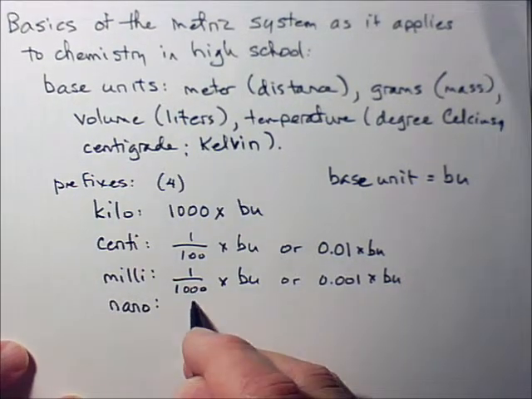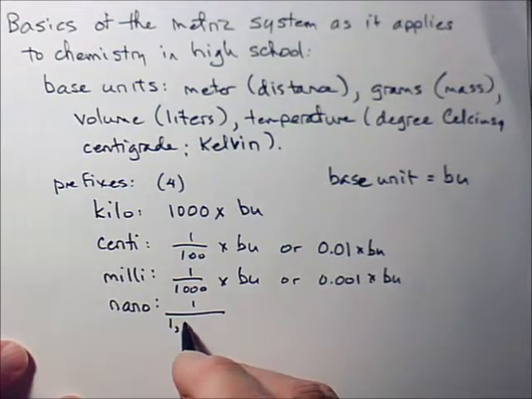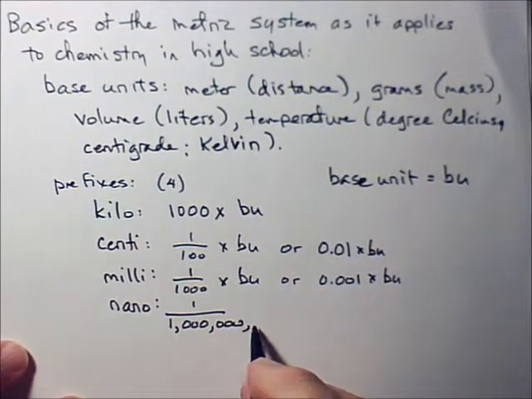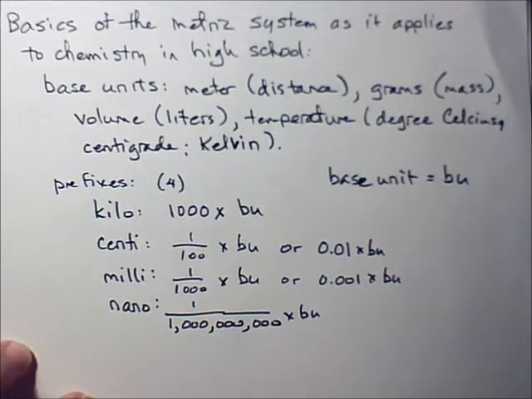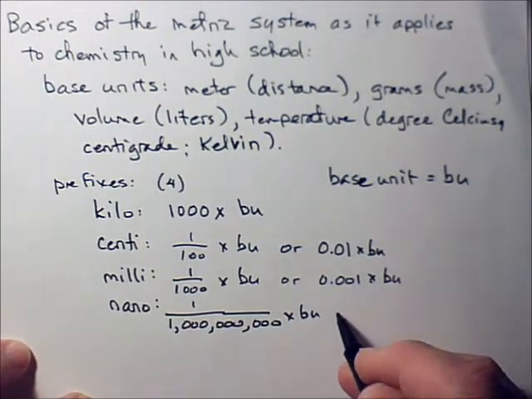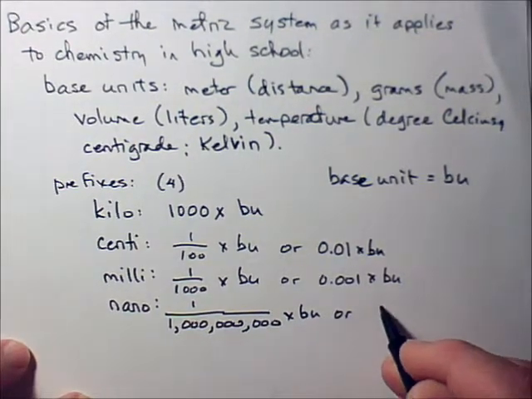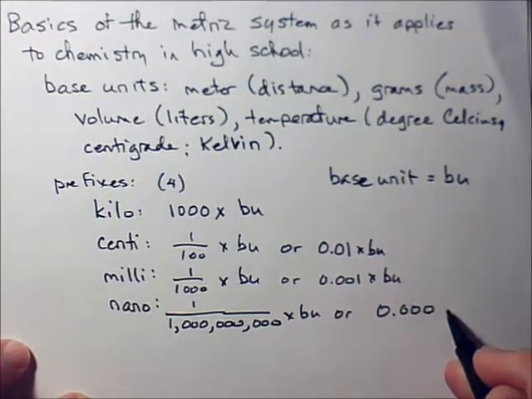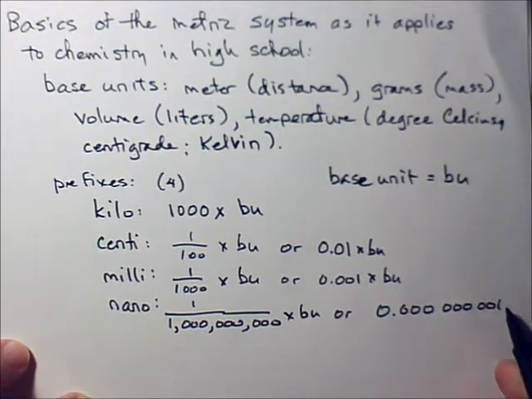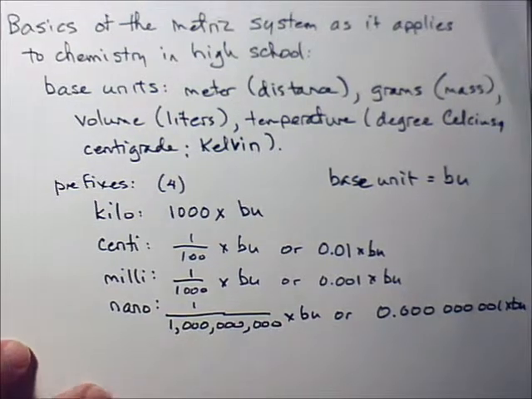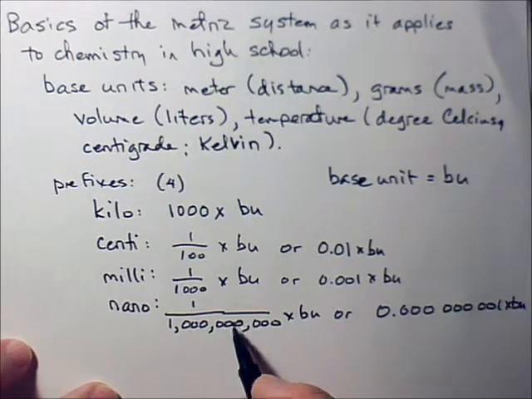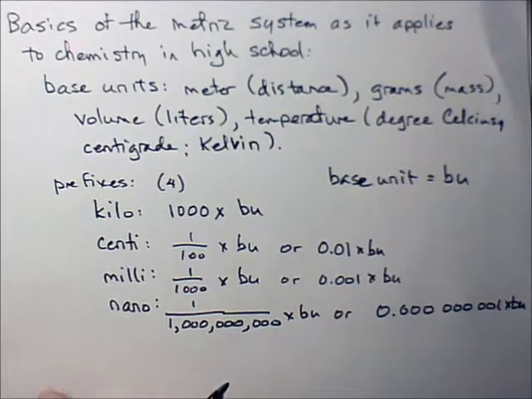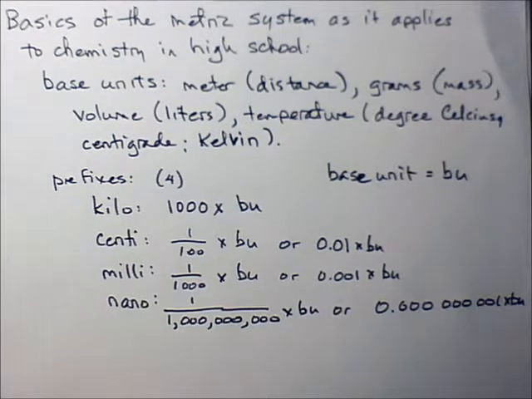Okay, here's the fun one. One billionth times the base unit. That's a bunch of zeros, and we're going to work with numbers that have a lot more zeros than that.